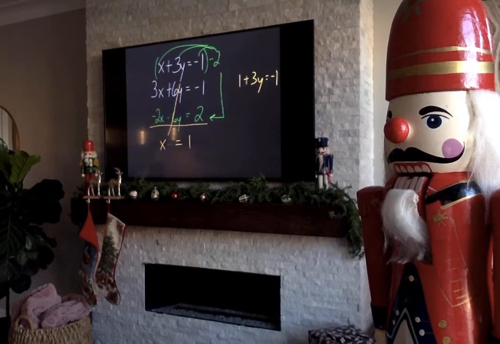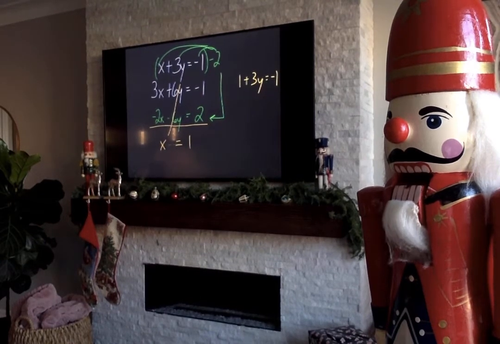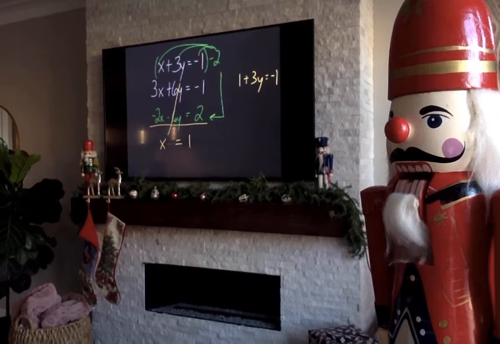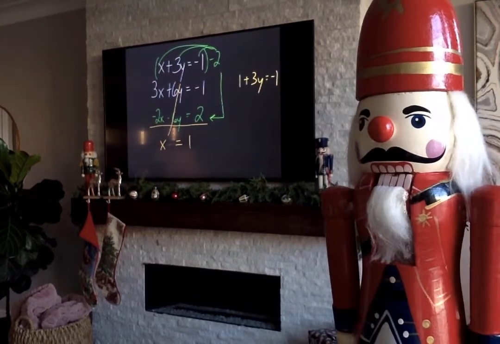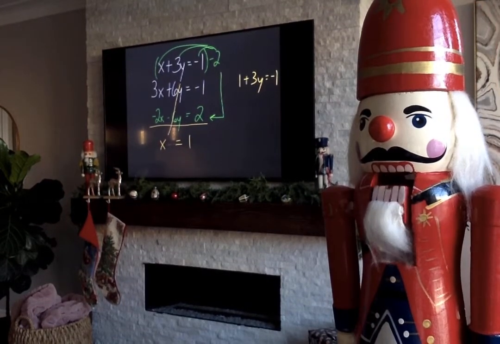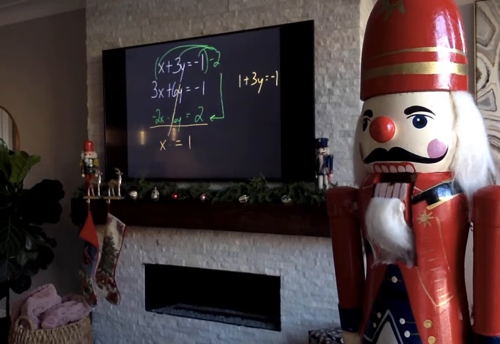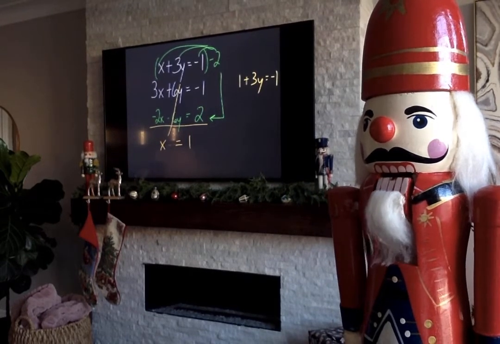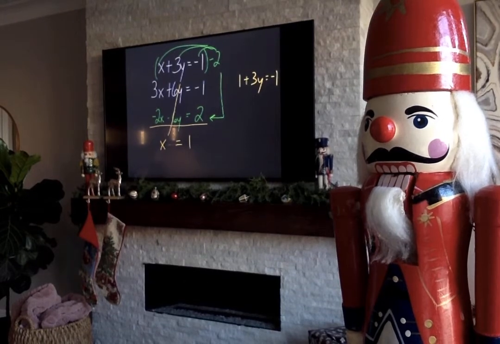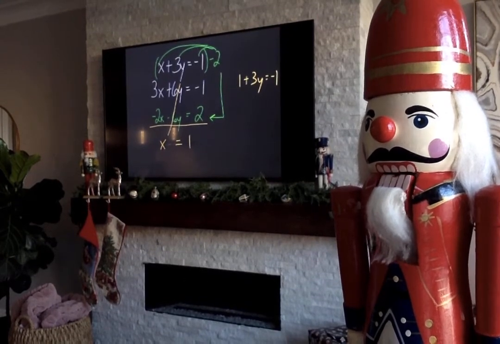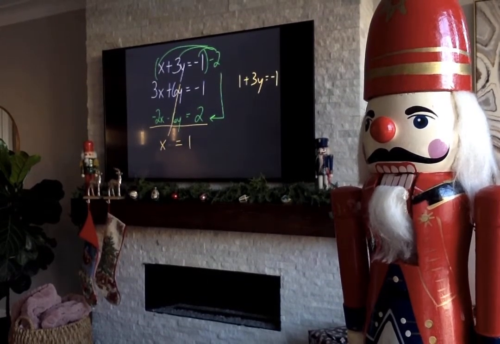I took x equals 1, and I plugged it into the very top original equation. So, now if I plug 1 in place of x, it says 1 plus 3y equals -1. Now I just need to solve for y like I would normally. Okay?